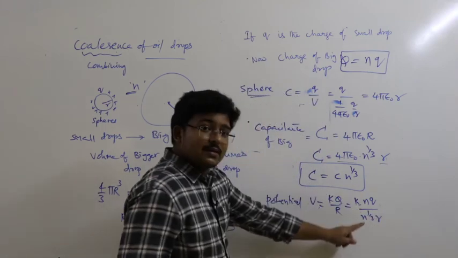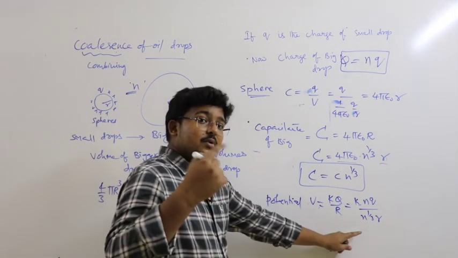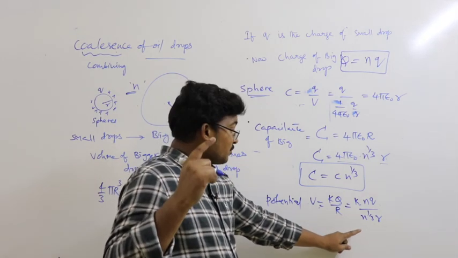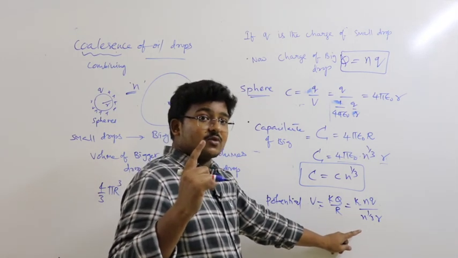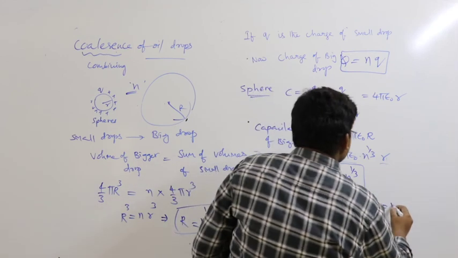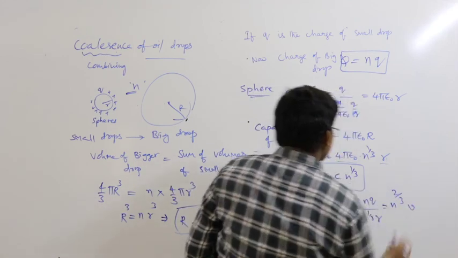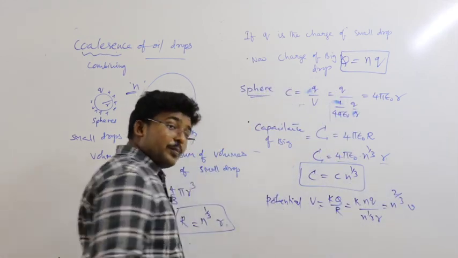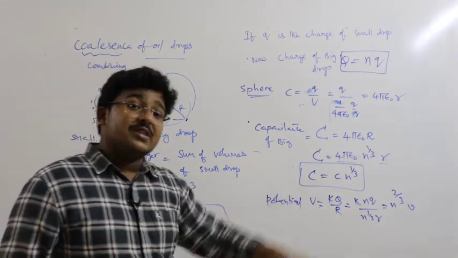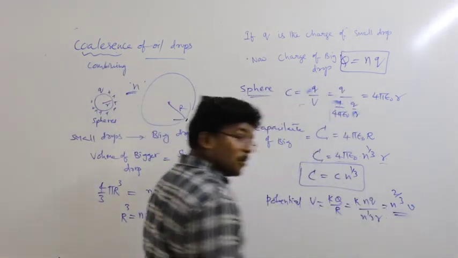So n by n power 1 by 3 gives n power 1 minus 1 by 3, which is 2 by 3. So we can write n power 2 by 3 times the small v. So the bigger drop potential will be n power 2 by 3 times the smaller drop potential.